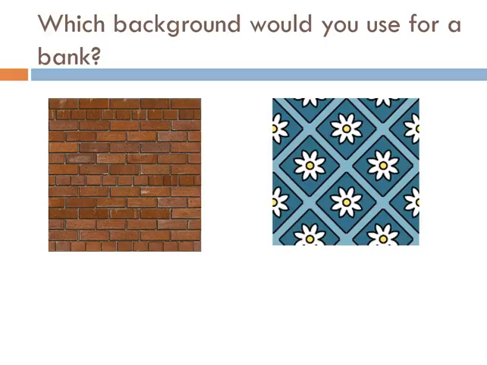Apparently I've got a daisy fascination going on here. The image on the left of the bricks represents more stability and security than a whimsical wallpaper. However, if you were doing a website for students in early grades, the image on the right could be perfectly appropriate. So you just want to be careful about these things as you choose the images for your websites.